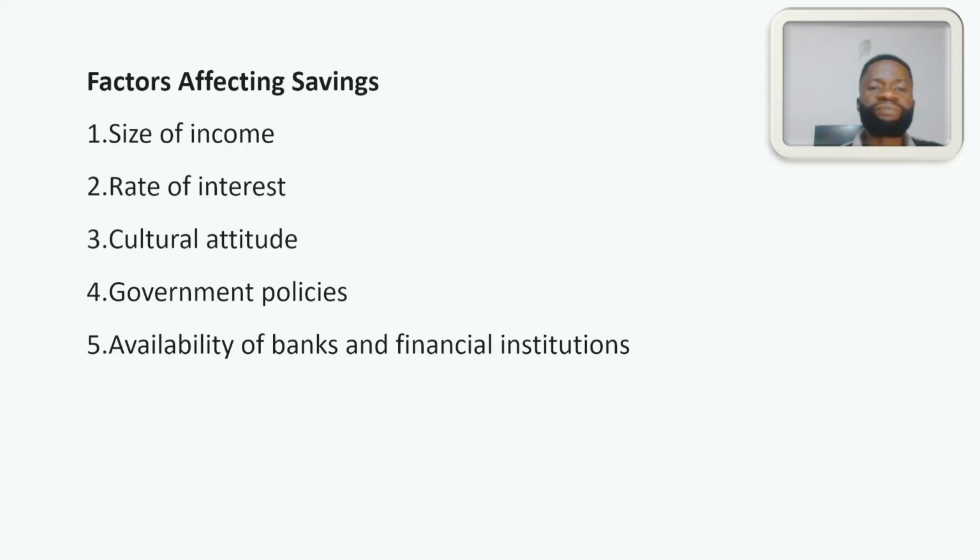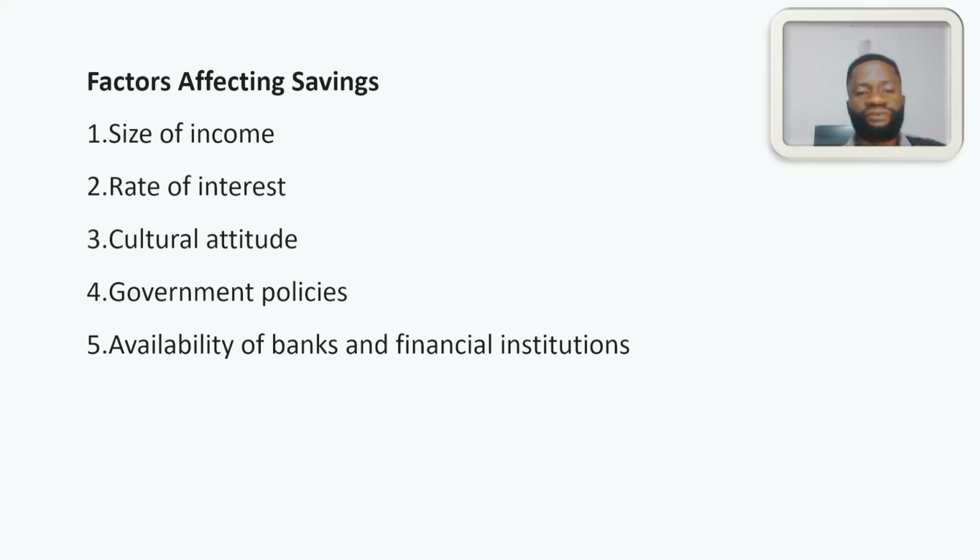This is because basic needs such as food, clothing, shelter, transportation, and healthcare take up a smaller proportion of income as income rises. So when the income is high, there's a possibility that we're going to have high savings. But when the income is low, we're going to have low or no savings.